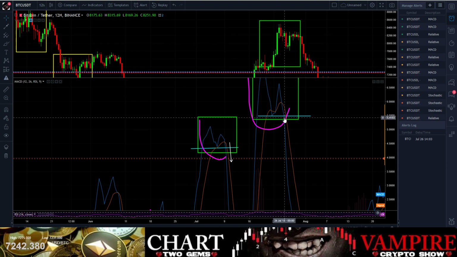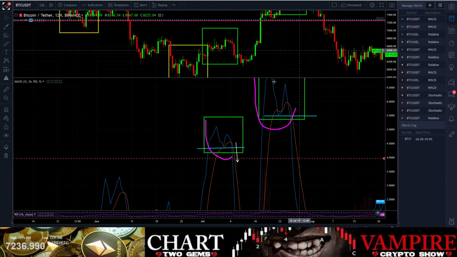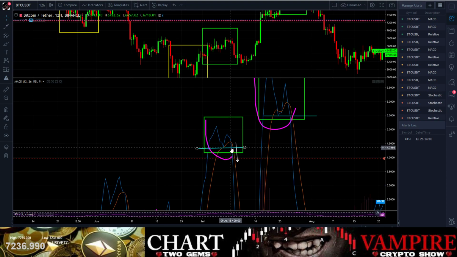Even though this came down, the price action went up, but the MACD line still was continuing down. It then bounced up, and then it completely took a tank, and this is where it fell out. So it does find resistance right at the peak, right at the point where it wants to fall out.